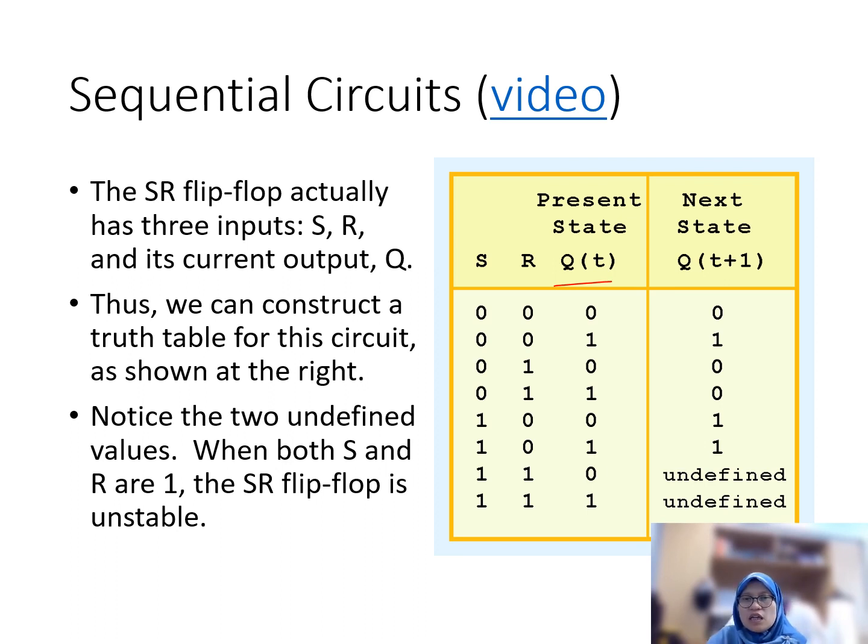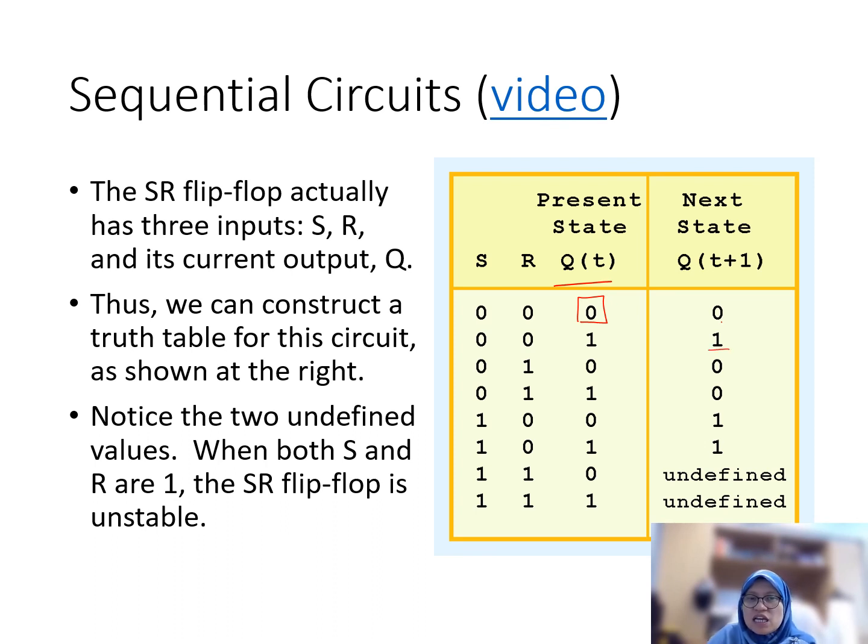The usual is the same, but for the next state here, QT plus 1 is referring to the characteristic table on the previous slide. So let's say S is equal to R, which is equal to 0, both are 0. So it would refer to the present state. So the next state will become 0, and then if QT is 1, it will become 1.